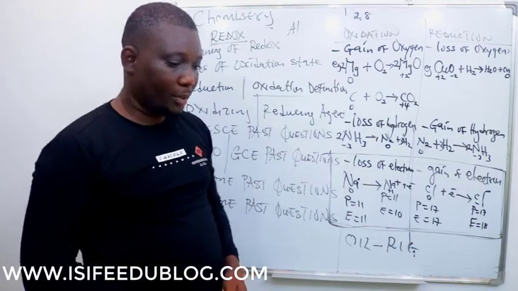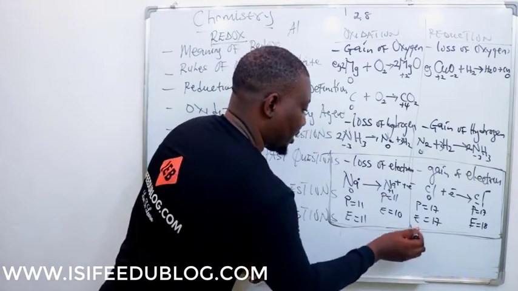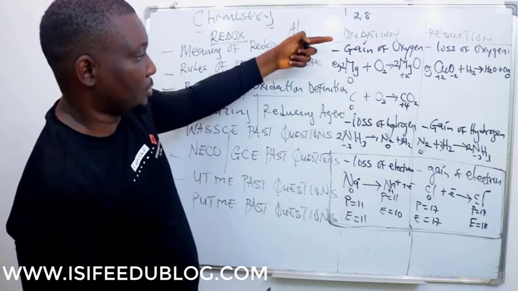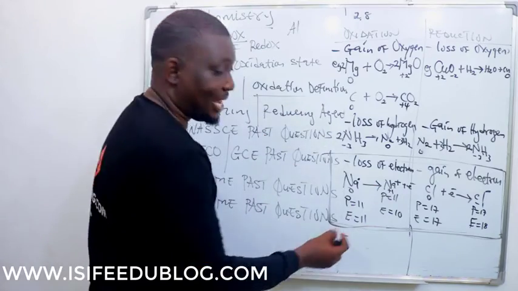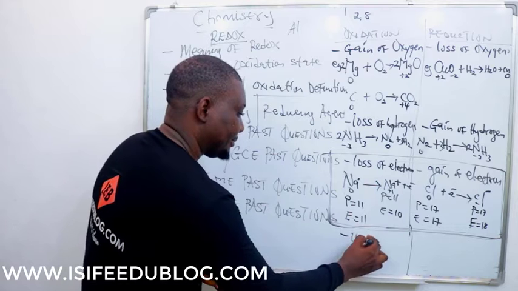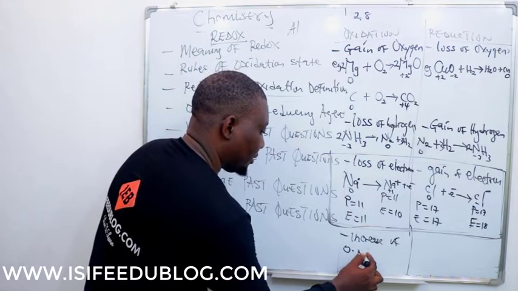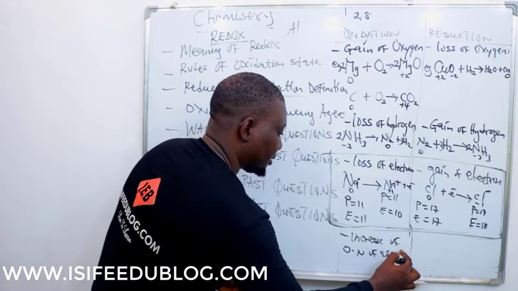OIL RIG. There is one more definition I'm going to give you, and that one should also be very important. You already know that. So I'm going to summarize 1, 2, 3 in this last definition, where I will now say that oxidation is the increase of oxidation number of a substance.